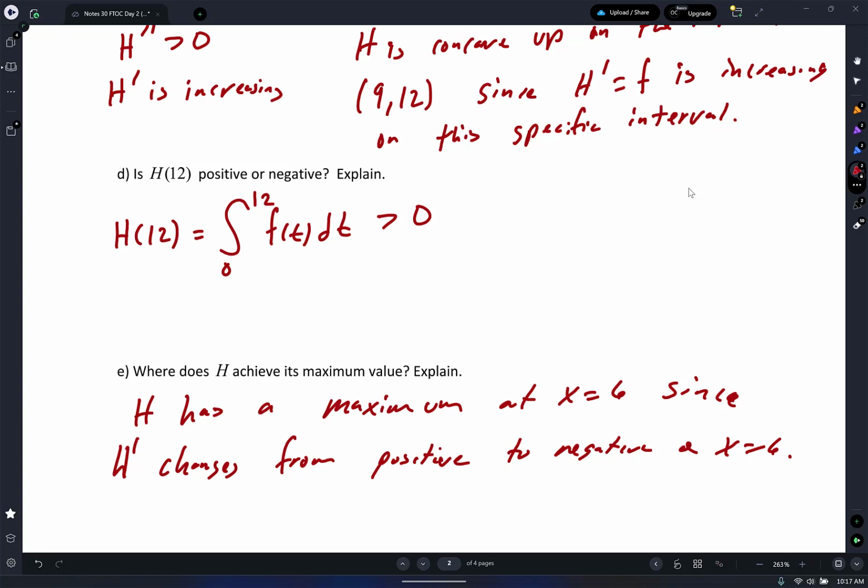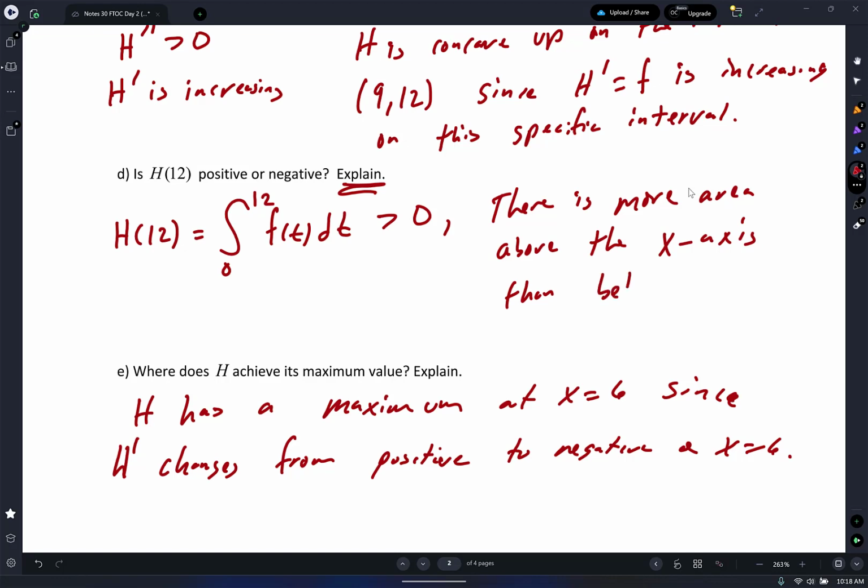There we go. Yes, miss. Yeah, because it does say explain. There's more area above the x-axis than below. There is more, thank you, Espinosa. Above the x-axis than below.